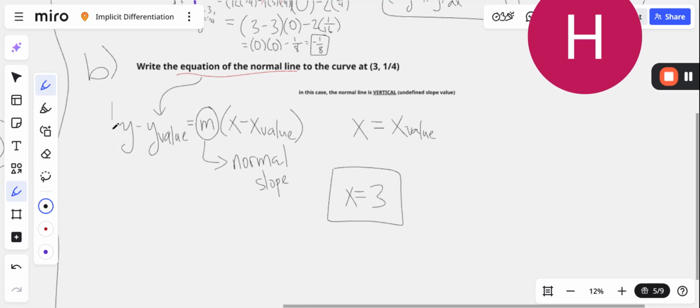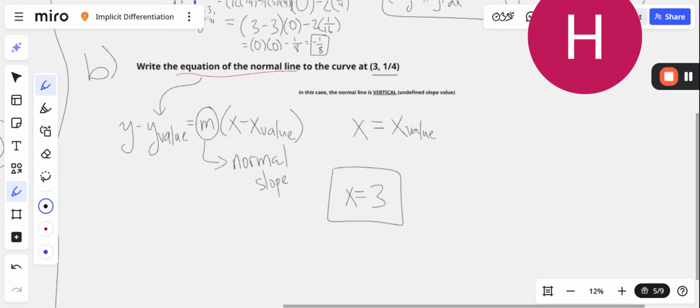Doesn't fit this typical format because the slope here is kind of like something over 0, which really doesn't make sense as a value. So since the line tangent to the curve at (3, 1/4) is horizontal, the normal line, which is perpendicular to the tangent line, must be vertical, and therefore its equation simply follows an x value, x equals 3.